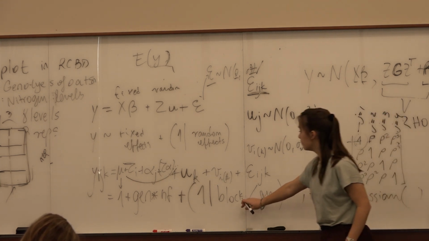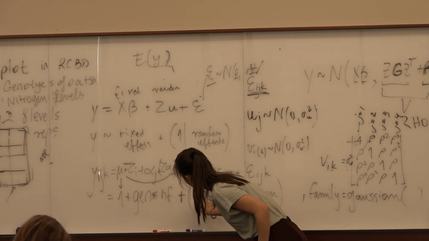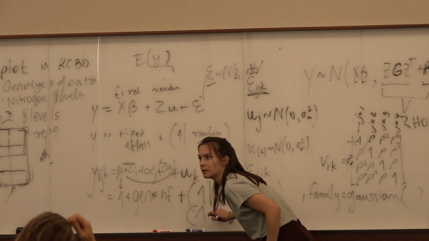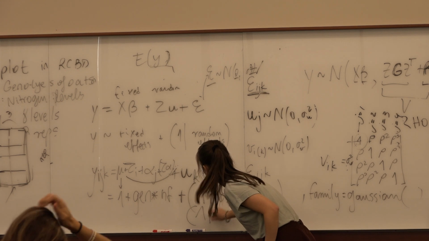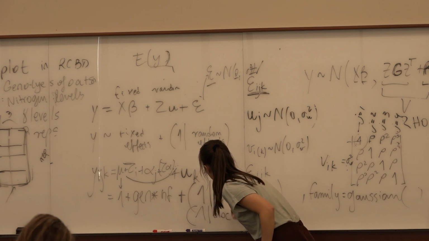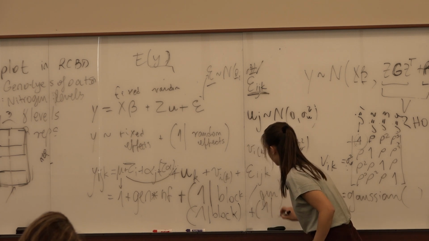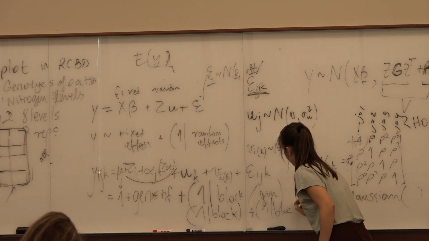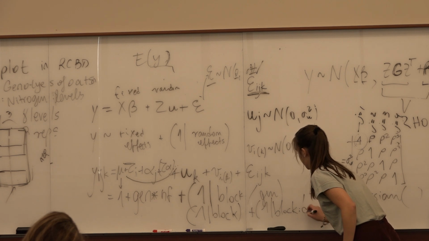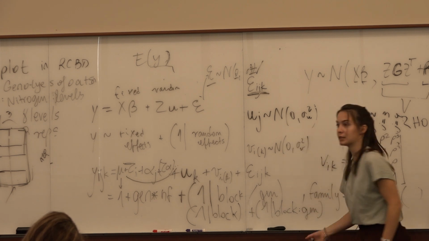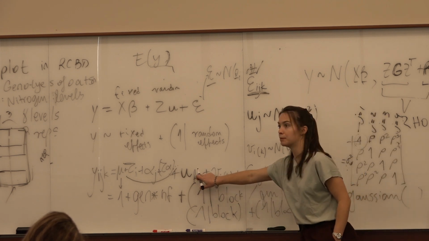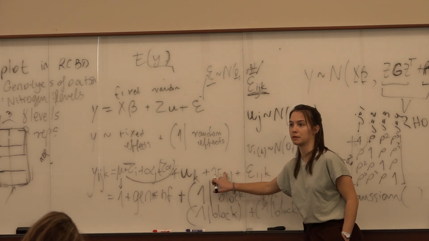This is the same as doing 1 block plus 1 block genotype combination. Can you read this? Yes, okay. Because that's what you're doing, right? It's the block and the block genotype combination.